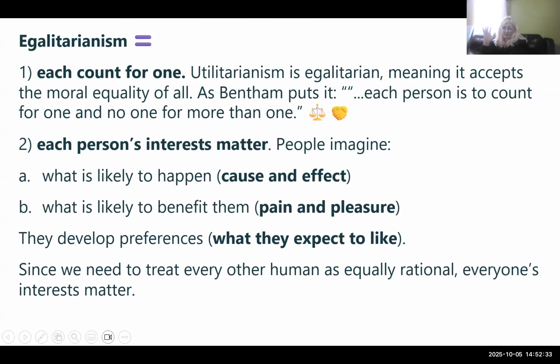Now, their form of egalitarianism means a lot of different things. So first, like the Bentham idea, each counts for one and no more than one, meaning the base moral equality of each. So I want you to think about cake. Say I was delivering cake to everybody in class, and I had the choice between vanilla cake and chocolate cake.